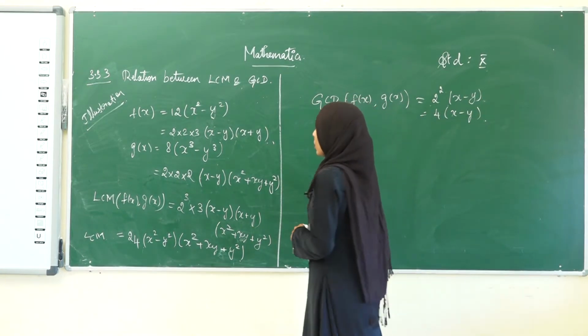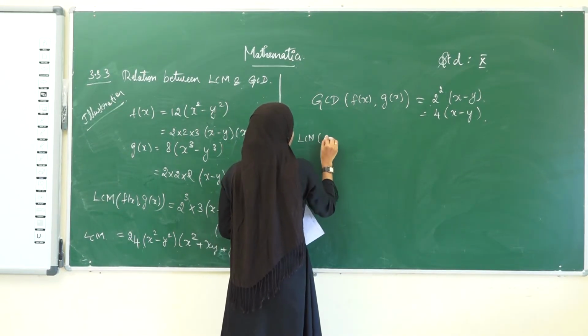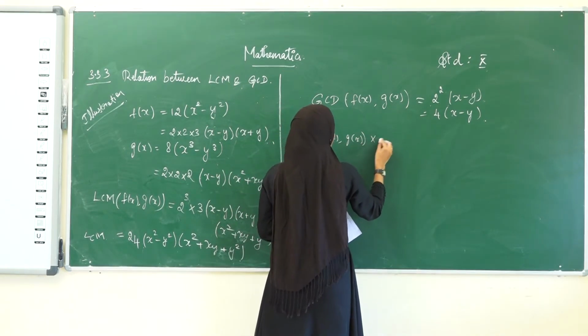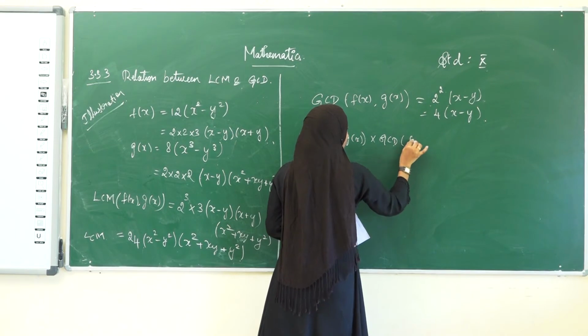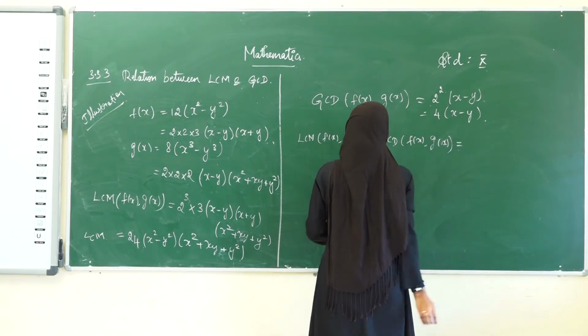Now we are going to find the multiplication of LCM of f of x comma g of x into GCD of f of x comma g of x. What will the multiplication be?